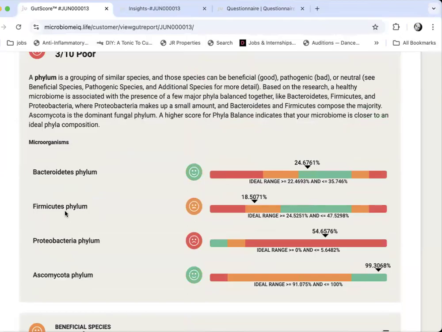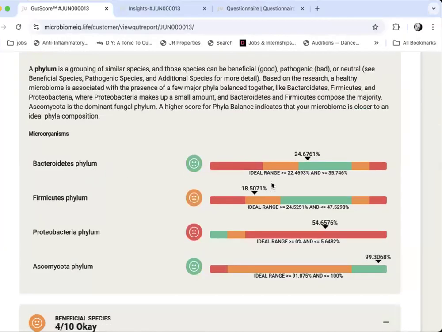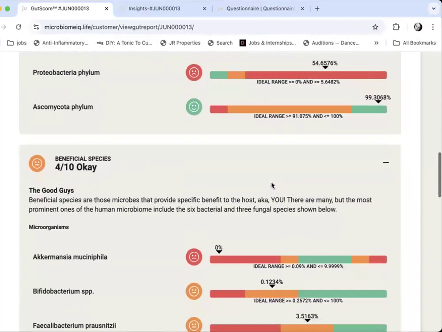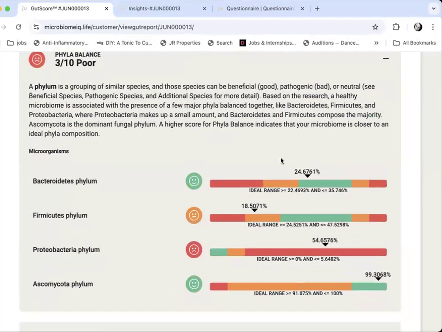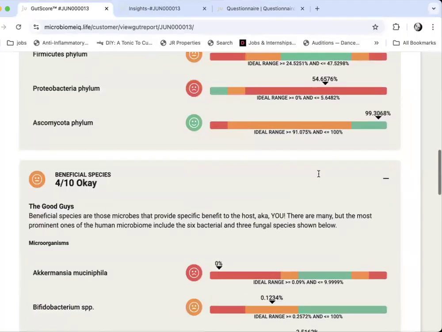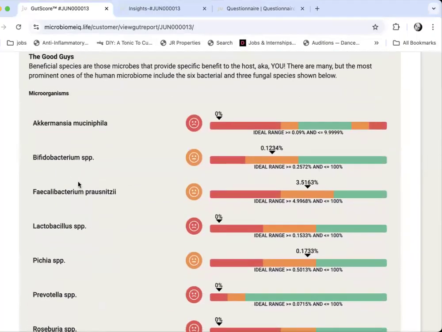The reason for that is because, again, we are talking about phyla, groups of bacteria. So all the different genera and species that are in the Bacteroidetes phylum are contained in it to make up this large percentage. But if we're looking at each individual taxa, we are talking about relative abundance.